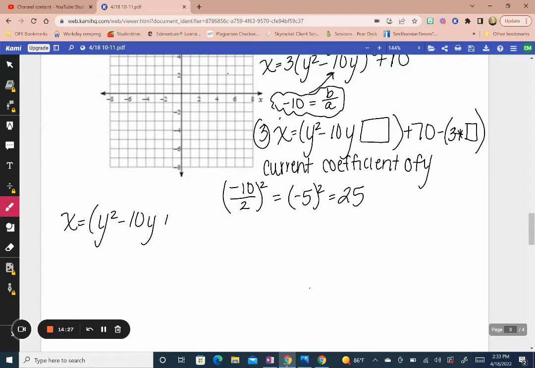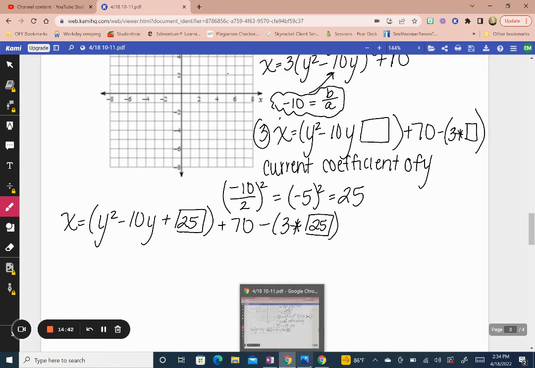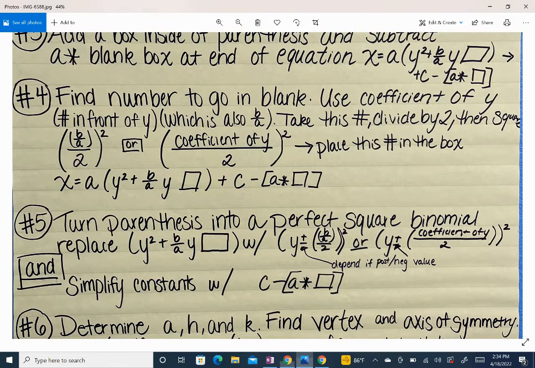And this is a positive 25, so I'm going to put a plus 70 minus 3 times a positive 25. Okay. So that completes step number 4.